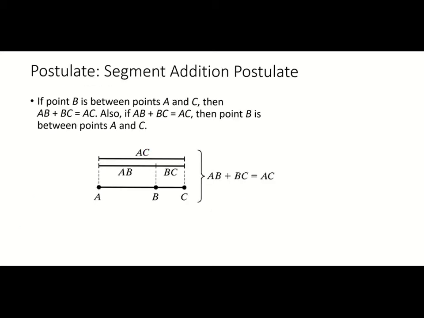All right, next we have our second postulate for this section, and it is the segment addition postulate. So add that to your postulate section. And really what the segment addition postulate is saying is if you have a point that is between two other points, then if you take the two smaller segments created, in this case, our large segment is AC, B is between A and C. So that means if I take AB, the length of segment AB, plus the length of segment BC, and add them together, it will give me the length of the entire segment AC.